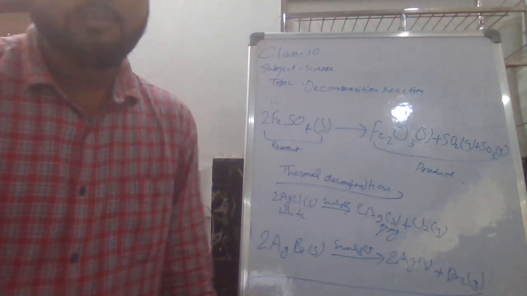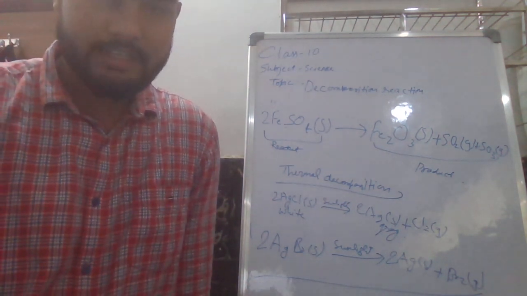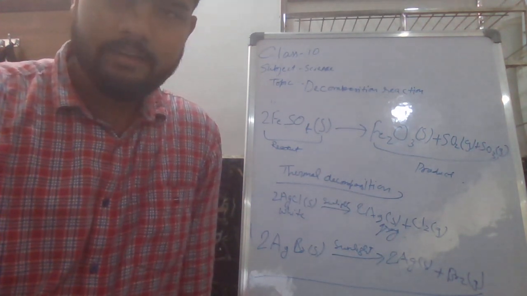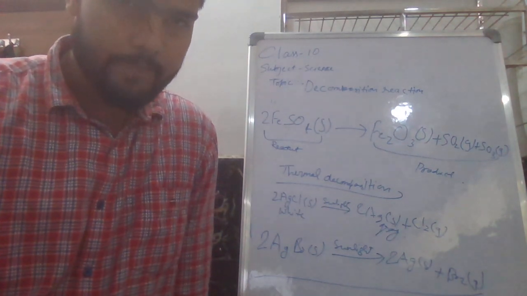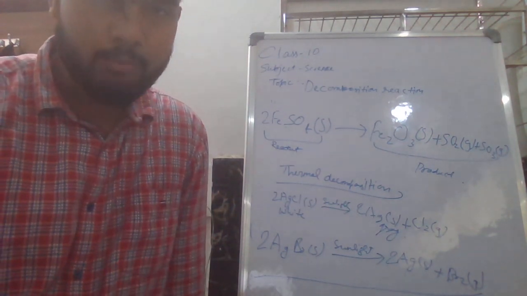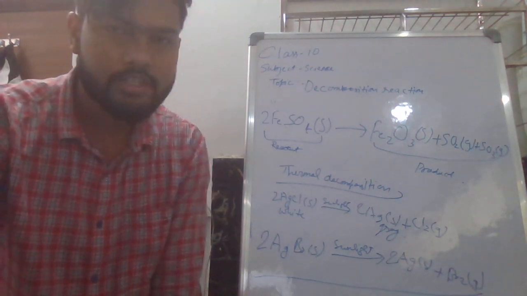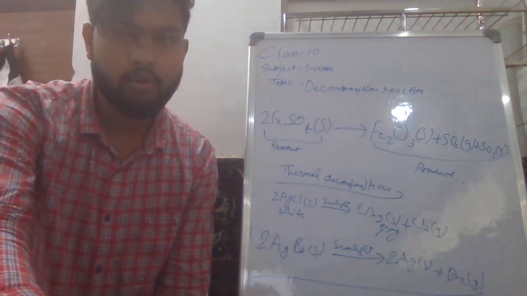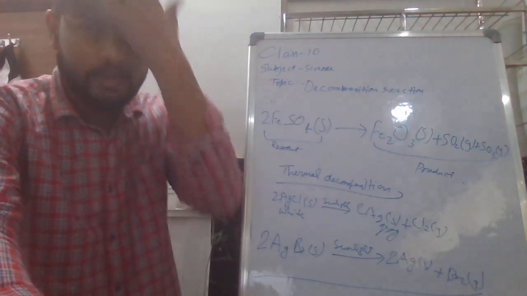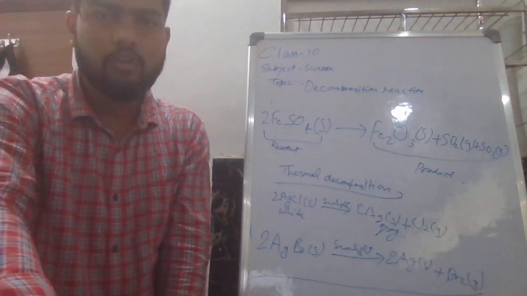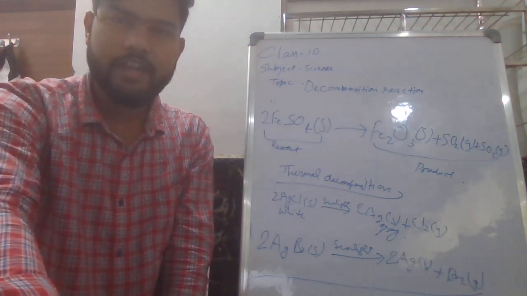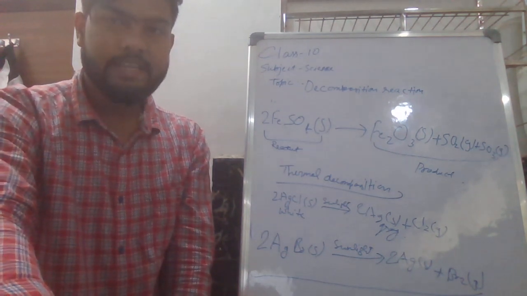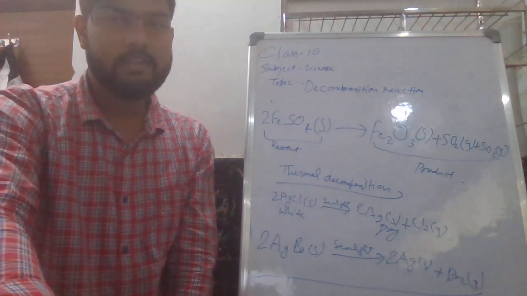So let's recapitulate today's class. Today we have learned about decomposition reactions. A decomposition reaction is defined as a reaction in which a single compound is split into two or more simple substances under suitable conditions. A thermal decomposition reaction is a chemical reaction where a single substance breaks into two or more simple substances when heated.